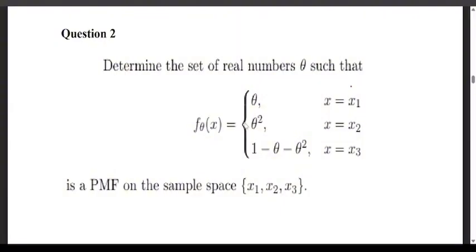Because it's trying to tell you each of these is a probability, because f of s is a probability, we expect theta to obey Kolmogorov axioms. We also expect theta squared and 1 minus theta minus theta squared to obey that.